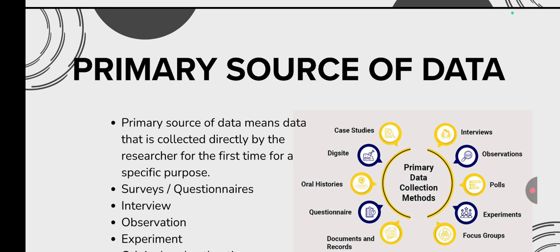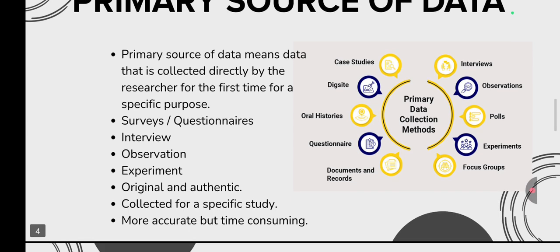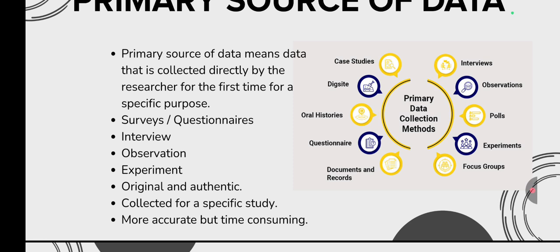Primary source of data means data that is collected directly by the researcher for the first time for a specific purpose. Examples are surveys or questionnaires, interviews, observation, and experiments. Others are case studies, oral histories, documents and records.